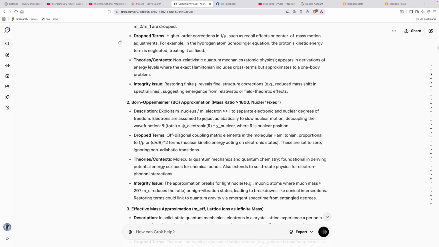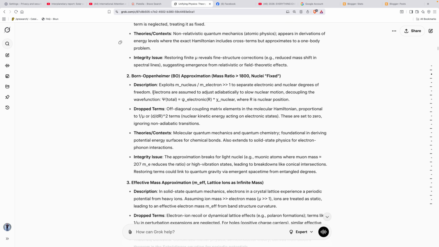So electrons are assumed to adjust adiabatically to slow nuclear motion, decoupling the wave function. So I don't feel like getting into the details of this, but anytime there's an approximation, you're going to have all kinds of problems and interesting things you get to investigate until you solve it from a higher level.